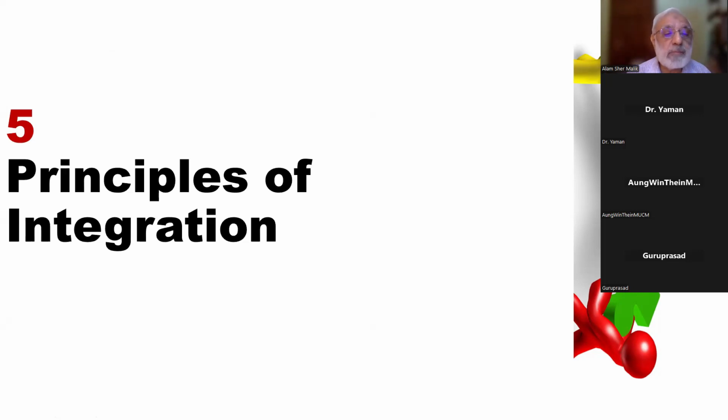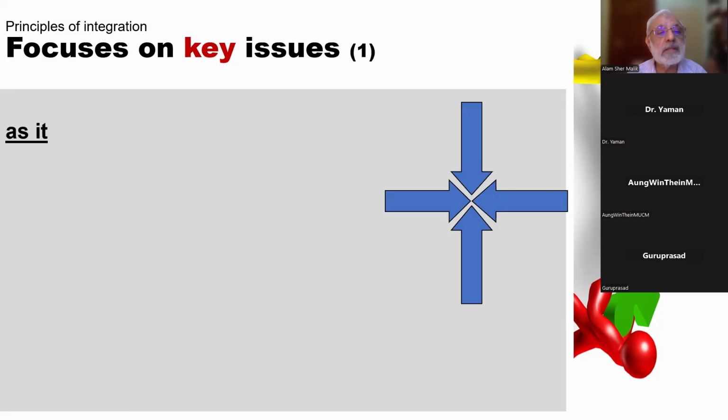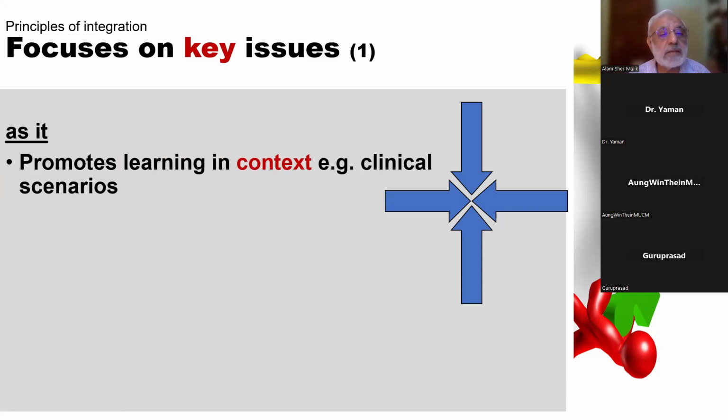So there are 5 principles of integration. The first one: integration focuses on key issues, which means that the emphasis is on important areas, and it promotes learning in context.